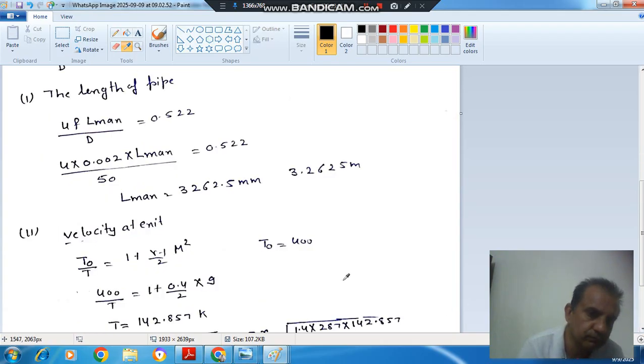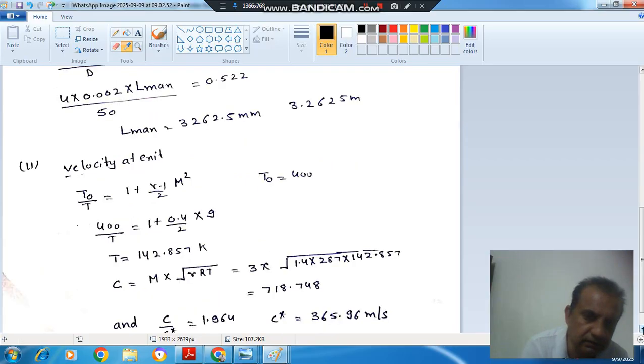Second question is the velocity at exit. Now we know that the initial Mach number is 3 and the stagnation temperature is given, that is 400 Kelvin. So we can find the static temperature. T naught by T is 1 plus gamma minus 1 by 2 M square. So T is the static temperature at the entry and M at the entry is 3.